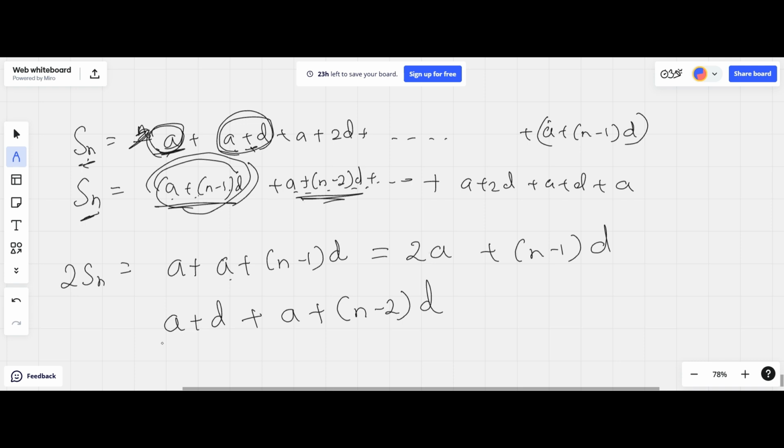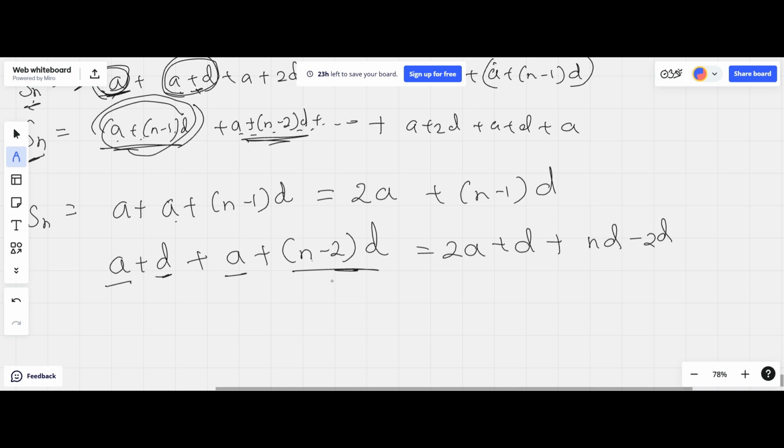If you add this, a plus a, 2a, there is a d here, plus d. Let's expand this: n into d, nd, minus 2 into d, minus 2d. So it would be 2a, d minus 2d would be minus d, plus nd.